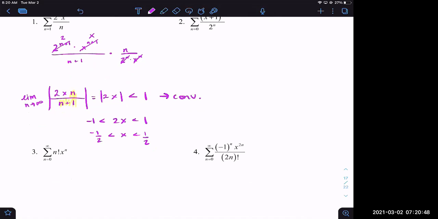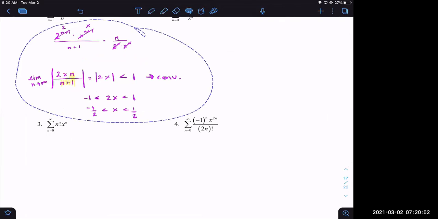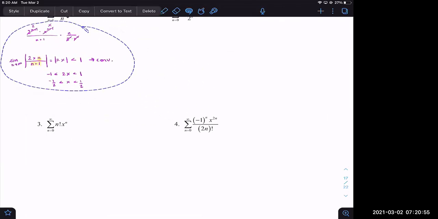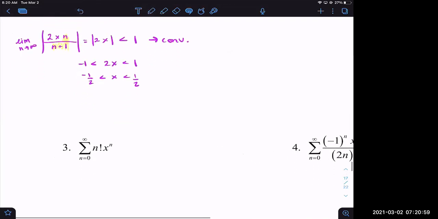Now, we're not done. Are we okay to here? What makes ratio test more difficult than geometric series test is we have to check the endpoints. Right now, I do not have equal to bars on that. So if it was a geometric series, it always diverges at 1. Here, it might converge at -0.5 and it might converge at 0.5, so we have to check.